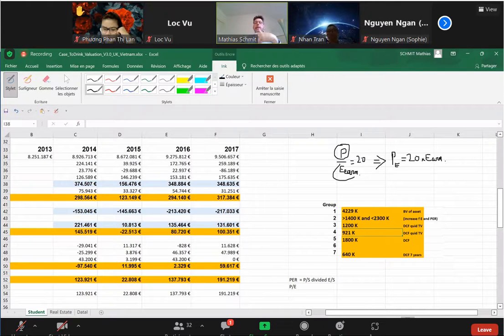This 20 can be 10 or can be 25 according to what are the expectations in terms of growth for the company. Because the price earnings is how much you're willing to pay per euro or dollar of earnings or net income of the company. So then it depends on the growing perspectives.